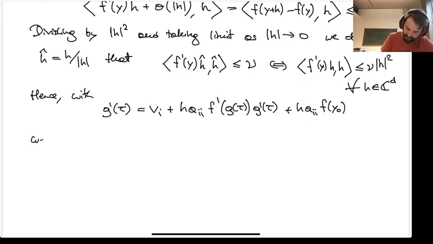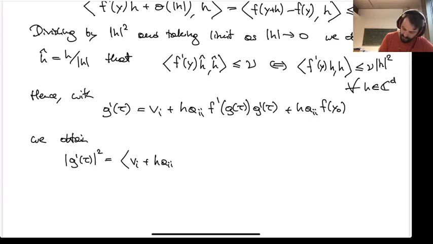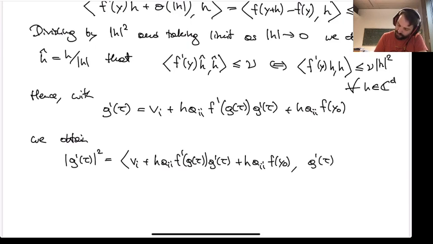We obtain that the norm of g prime of tau squared can be written as the Euclidean inner product of v_i plus h a_ii f prime of g of tau, g prime of tau, plus h a_ii f of y naught, with g prime of tau.